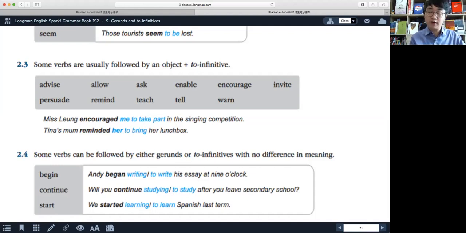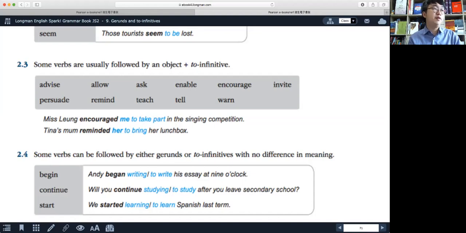You must have an object here because the verbs here are transitive, if you want to know the reason. Without an object, the sentences that you create are ungrammatical.